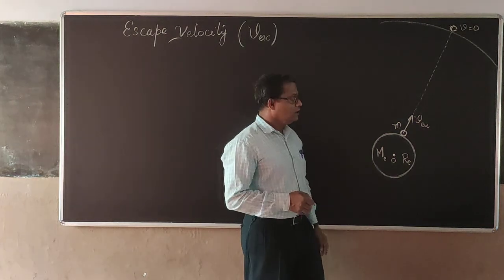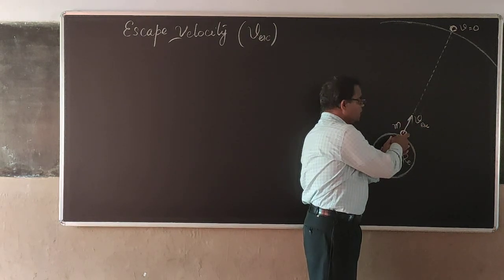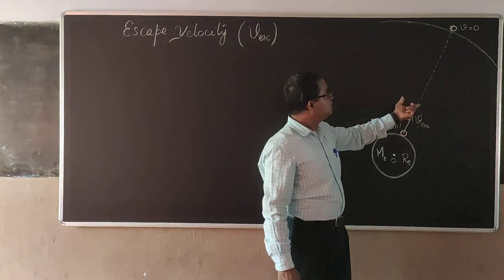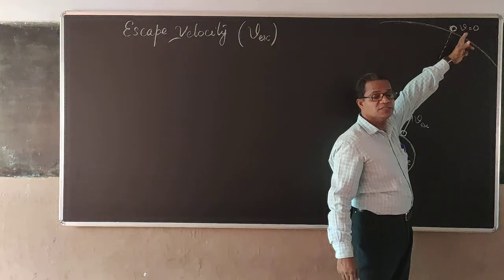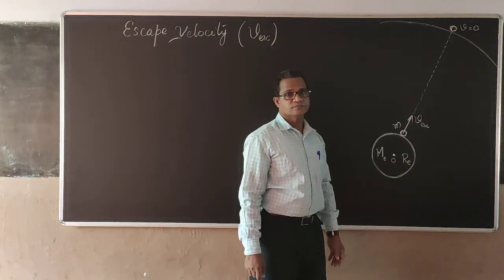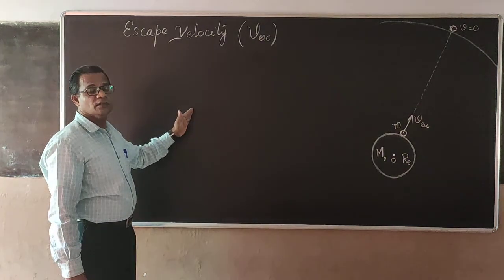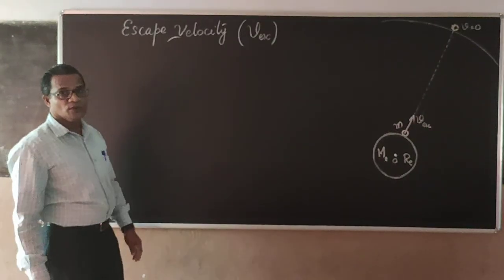The total mechanical energy of the body when it is just projected from the ground will be equal to the total mechanical energy when it is just going out of the attraction of Earth. If you equate those two, you will get an equation for escape velocity.